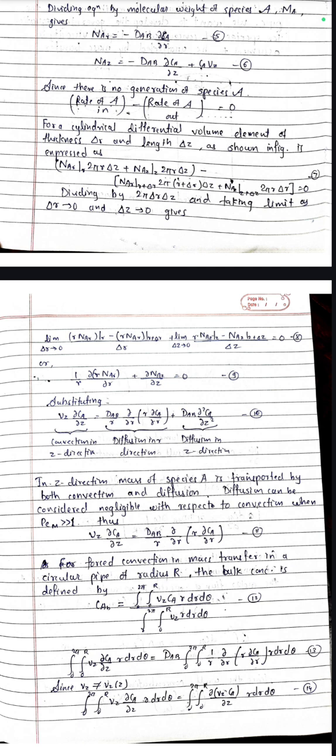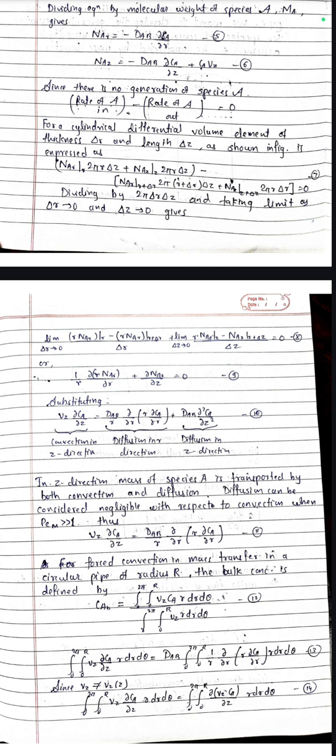Substituting this in equation 8, Vz del CA by del Z is equal to DAB by R del by del R of R del CA by del R plus DAB del square CA by del Z square. In the Z direction, mass transfer of species A is transported by both convection and diffusion.